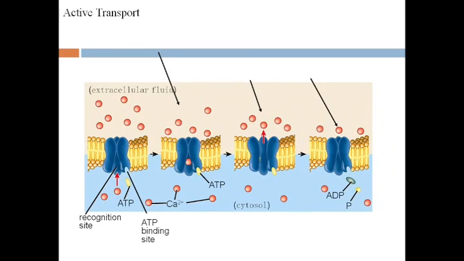So the solute species which is transported by the carrier protein will go to the specific carrier protein, and the carrier protein will recognize that molecule, and it will allow the molecule to go inside the structure of the carrier protein, and at the same time ATP will also go and bind to the ATP binding site on the protein molecule, and then after ATP will be hydrolyzed and converted into ADP and Pi, and because of this energy of ATP, the molecule will get transported by the carrier protein to the outside of the cytoplasmic membrane.